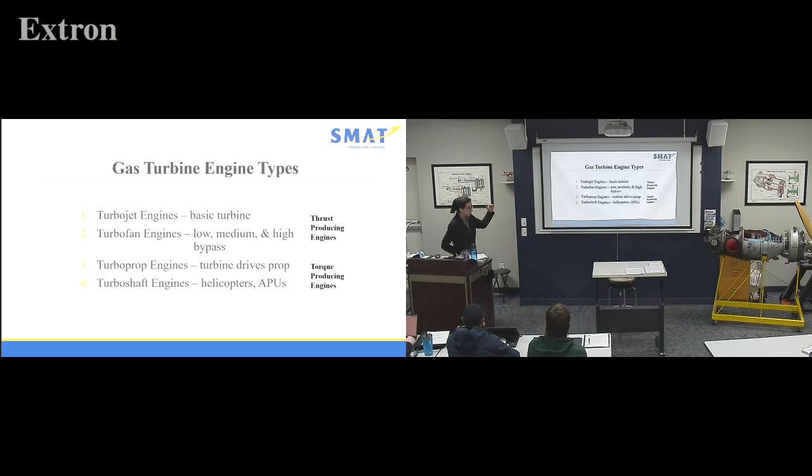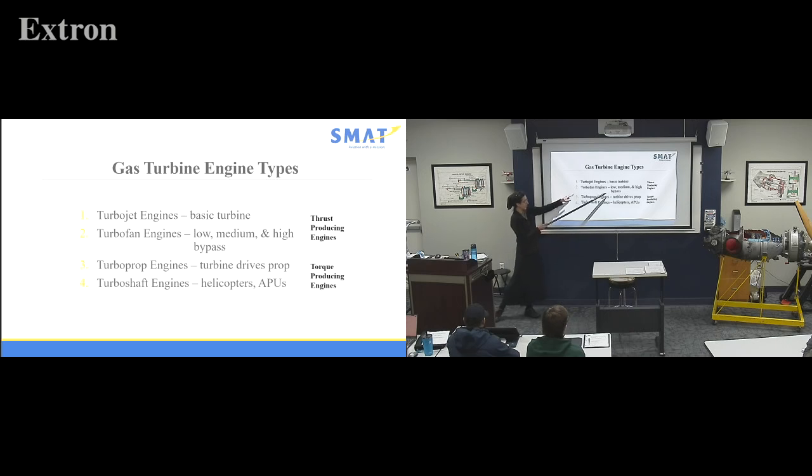So looking at our four gas turbine engine types, a turbojet engine, which I have a picture of on the next slide, is just the basic turbine. You've got compressor, combustion, turbine, and then exhaust. Turbofan is the one we just looked at, with a big old fan on the front.